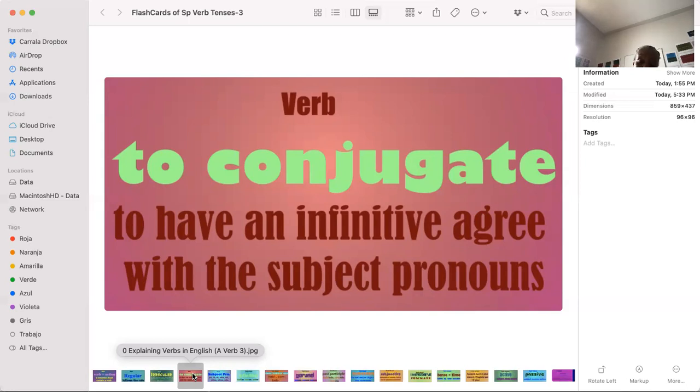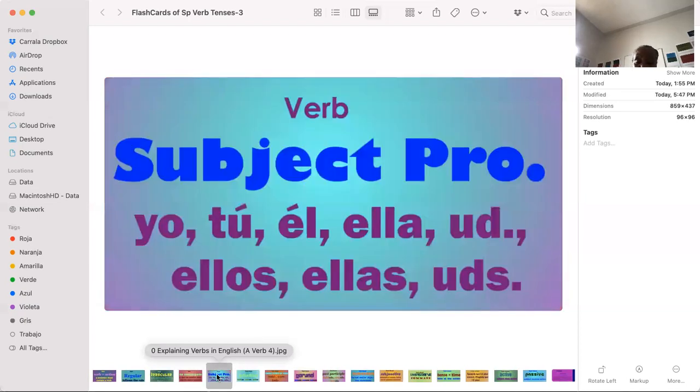So that is looking at the two cards to conjugate a verb, and then I showed you how to conjugate. And once again, please excuse me. I forgot to put the nosotros, and I kept saying, I'm missing something. What am I missing? What I was missing was nosotros, N-O-S-O-T-R-O-S.